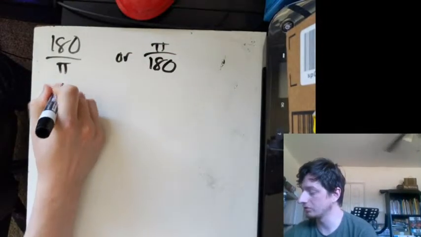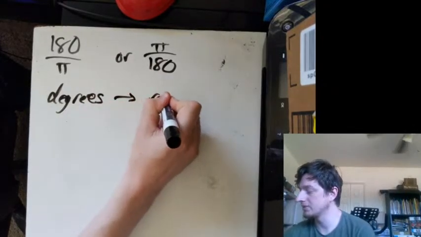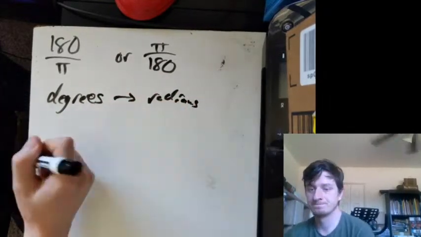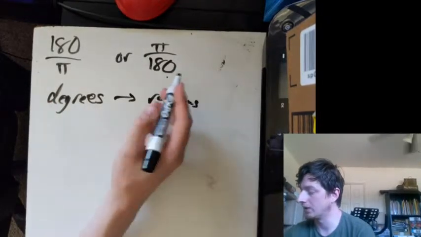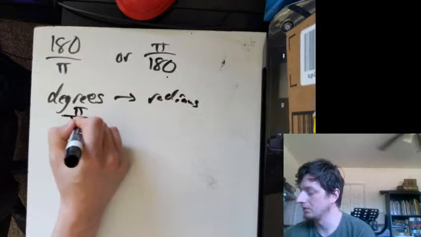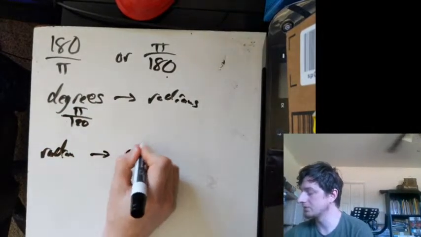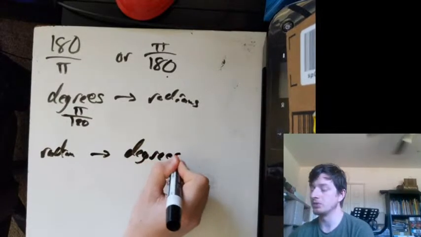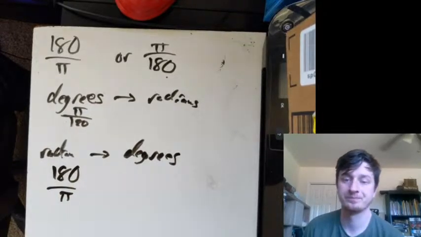If we're going from degrees to radians, we're going to use this one, pi over 180. And if we're going from radians to degrees, we would use 180 over pi.